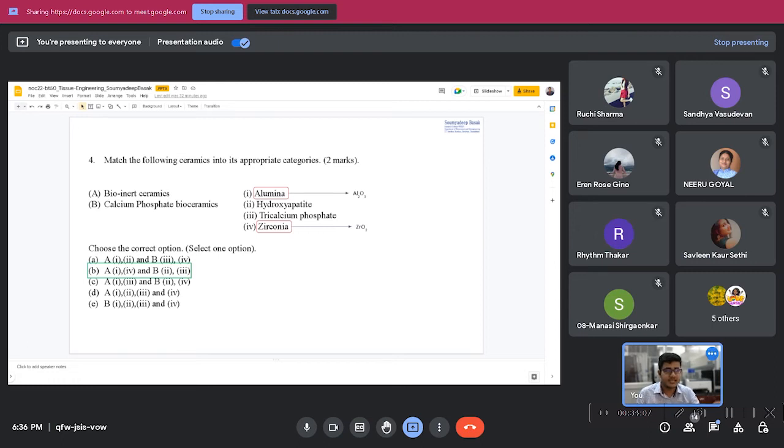While the hydroxyapatite and tricalcium phosphate, this kind of material are used in bone regeneration purposes. The scaffolds that are being prepared, they are prepared with this kind of material, hydroxyapatite and tricalcium phosphate. So this kind of material provides the required signal for the osteogenesis or chondrogenesis. So we have to keep in mind the difference between the bioinert ceramic and bioceramics.